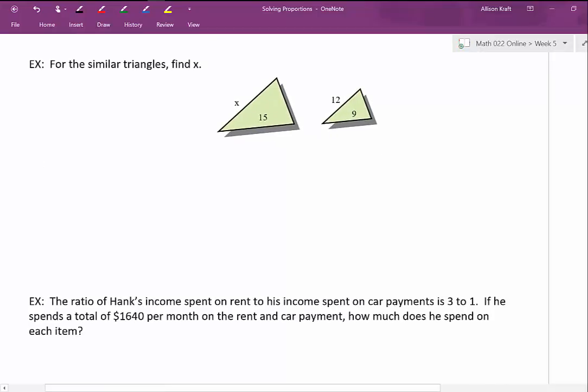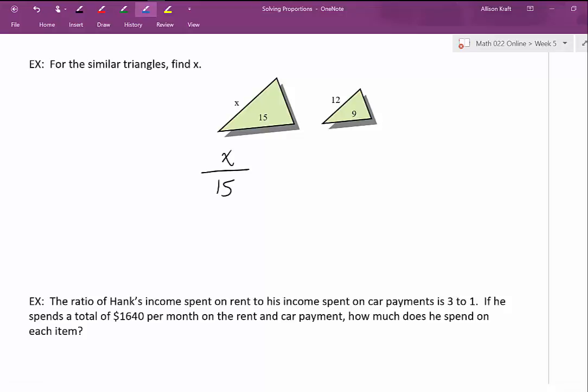In our next example, we're given a pair of similar triangles. The sides of similar triangles are proportional to each other. We want to find x. We'll write a ratio for the triangle on the left, a ratio for the sides of the triangle on the right, and set them equal to each other. The ratio for our first triangle, x over 15.